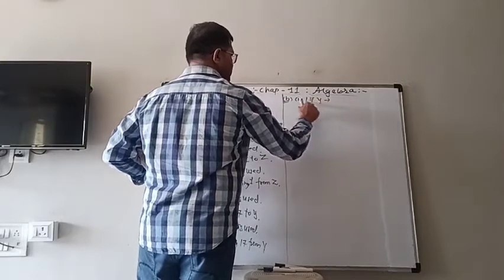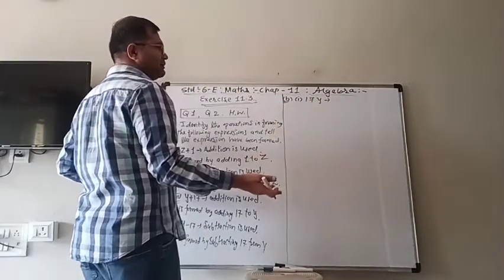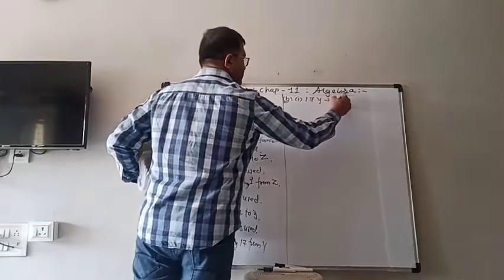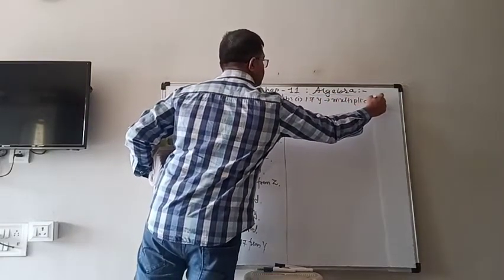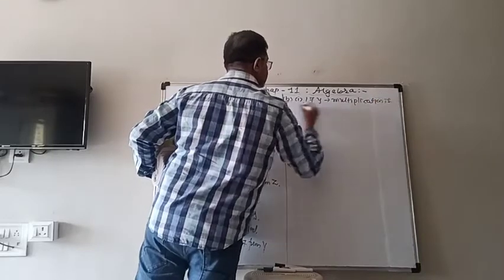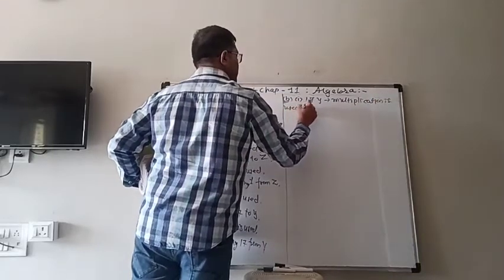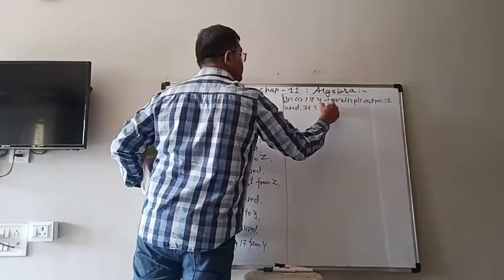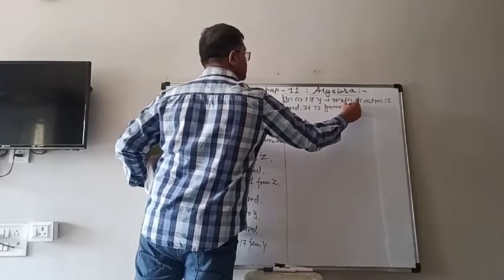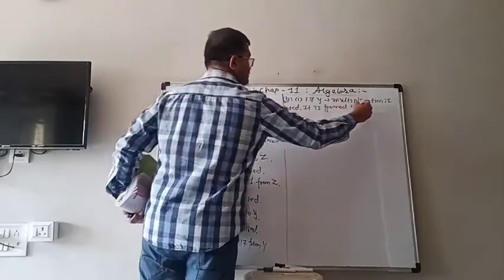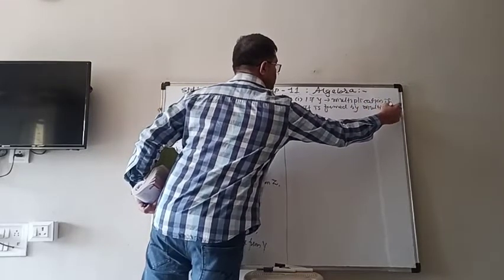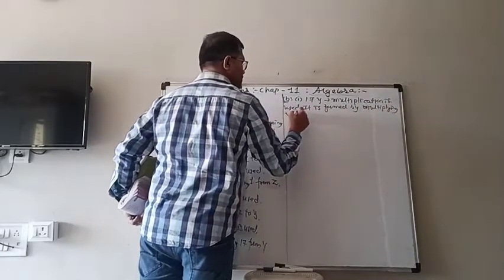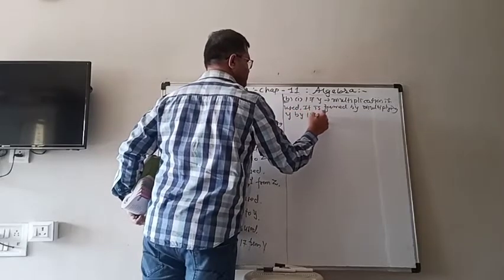Here you can see that 17y means 17 multiplied by y. So multiplication is used, and it is formed by multiplying y by 17.